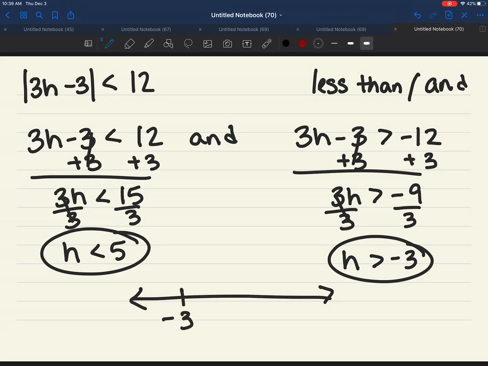When you graph this, what type of circle would I have at negative 3? What about at 5? Do those go towards each other or away from each other? Towards. Because h is less than 5 should be going to the left. Greater than negative 3 should be going to the right. It is an and statement, so is that correct?